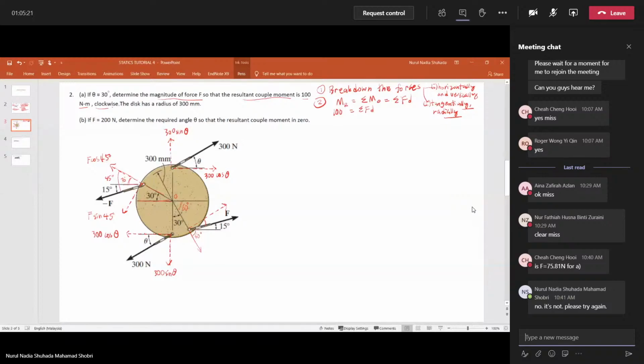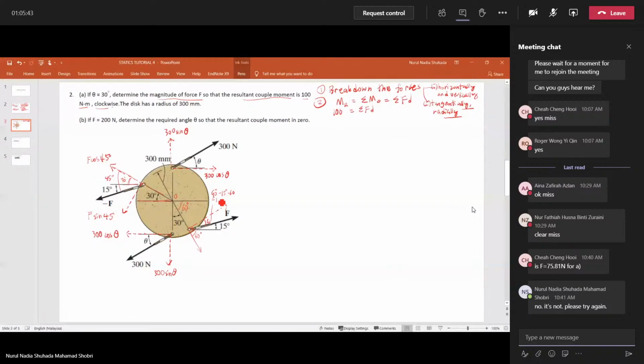Now we have 60 and 15 degrees, and this is actually 90 degrees. So to get this, it would be 90 minus 15 minus 60, so you will get 15 degrees here.